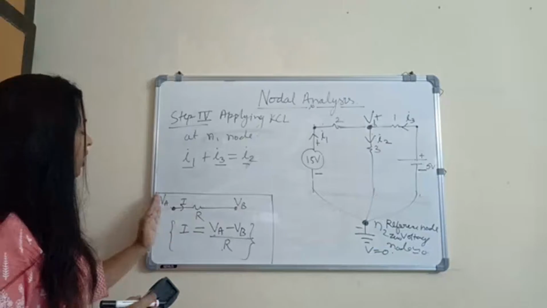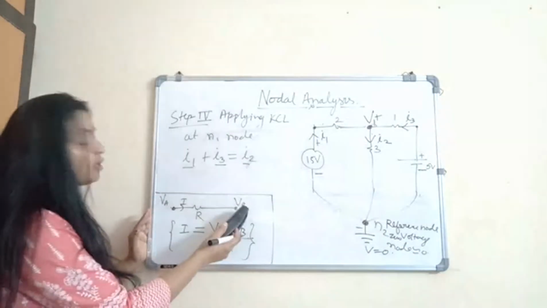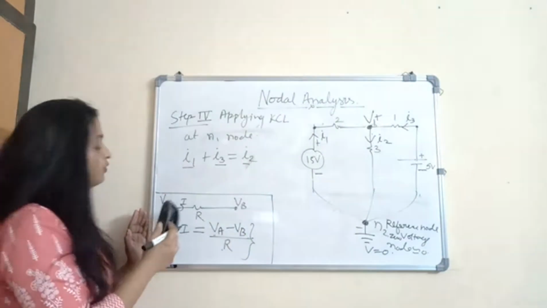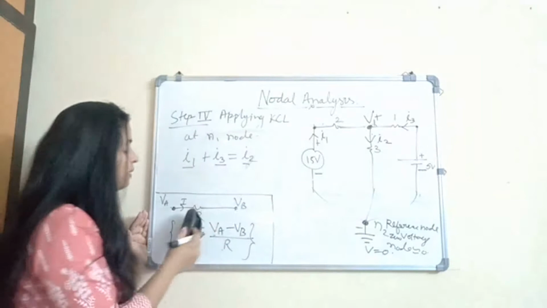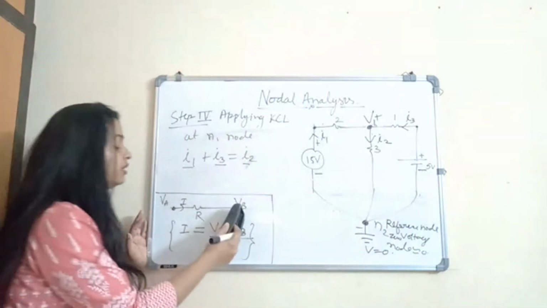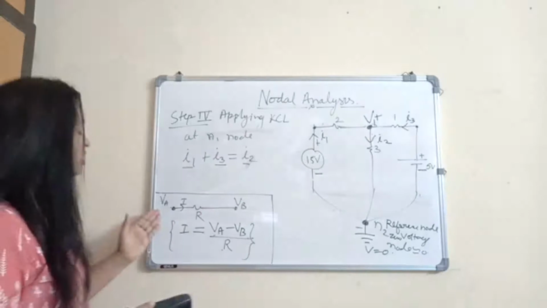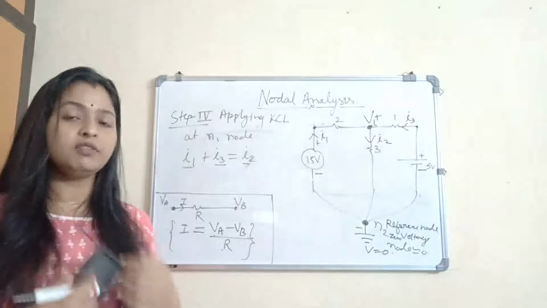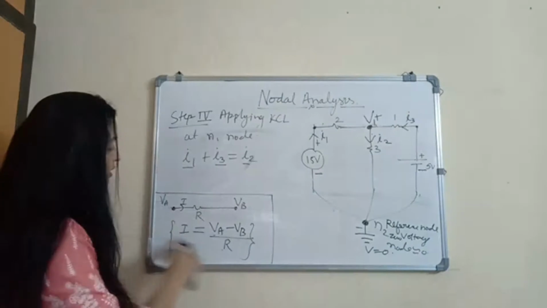Until we approach VB, how can we know whether the voltage of VB is greater than VA? So VA is greater, because we have started from there. So the current is VA minus VB upon R. If VA is not greater than VB, ultimately this I becomes negative. So from where we start, we know VA, but we are not aware of the destination voltage. That's why we consider this.